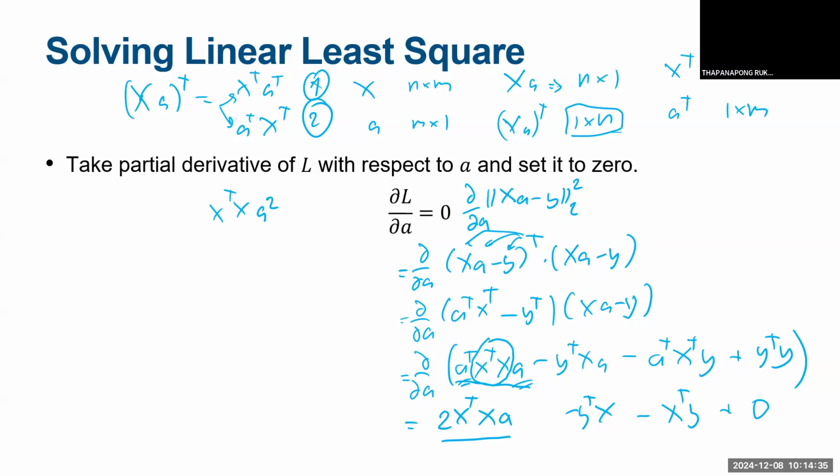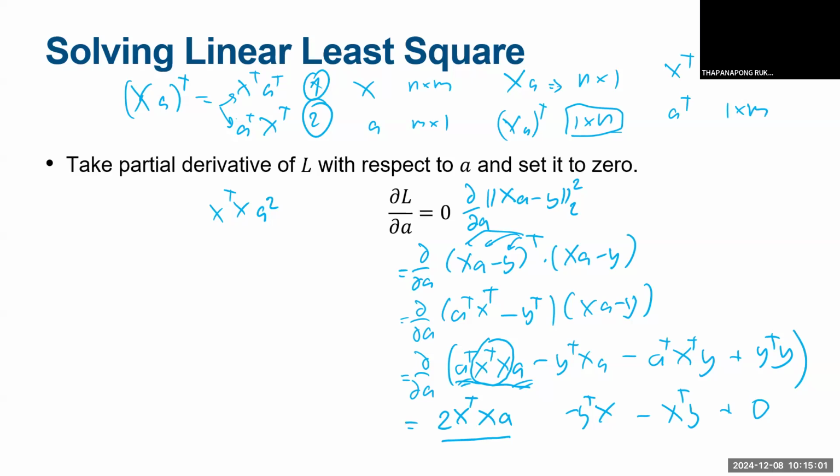Okay. Anyone has any answer other than ChatGPT? It's basically the power rule. You take the power down and then you reduce the exponent by one. That's why it's two.